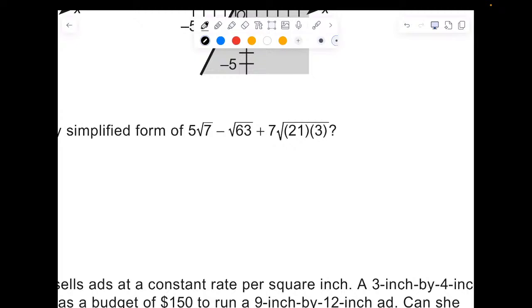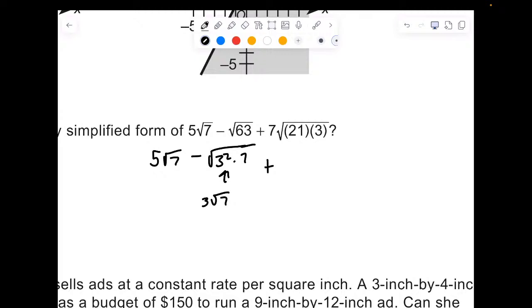How do I do this again? 5 root 7 minus, let's see, what is 63? 63 is 3 times 3 times 7, right? So that's just going to be equal to 3 root 7.